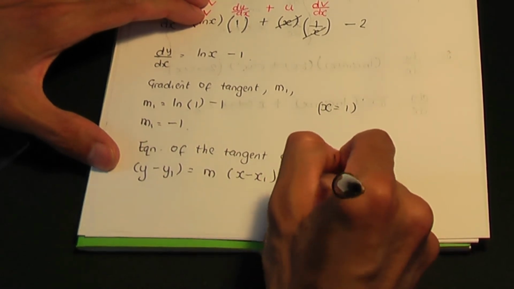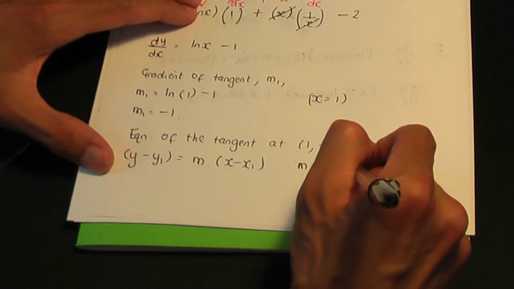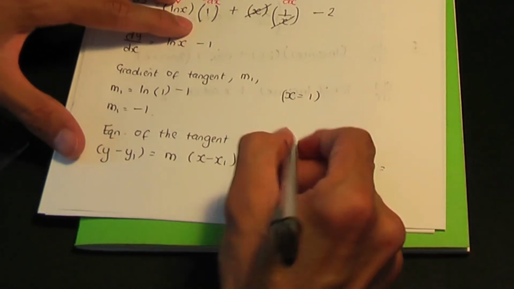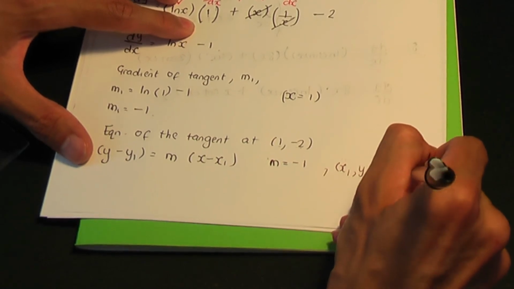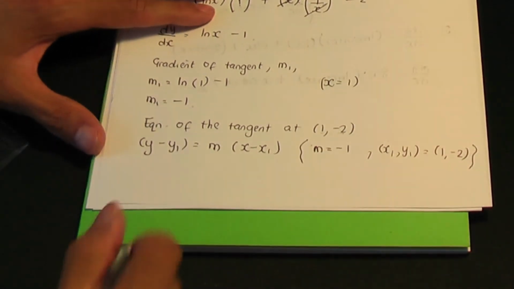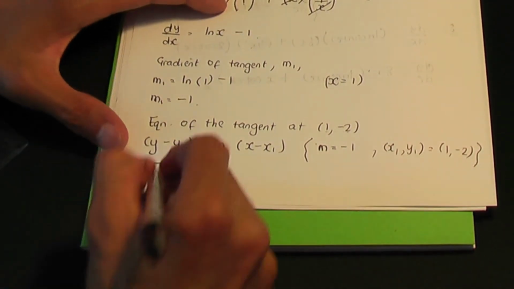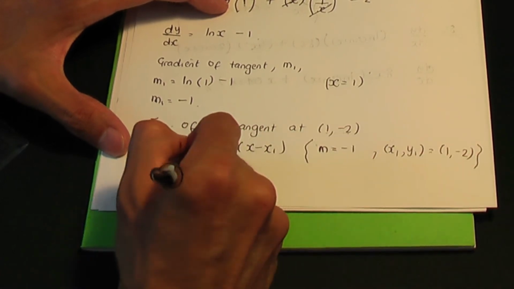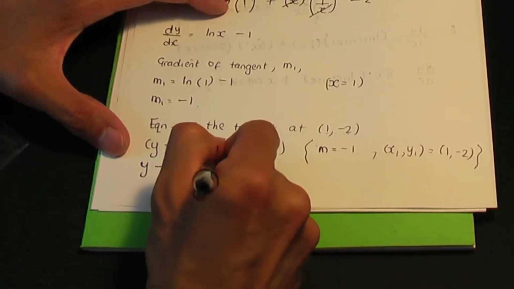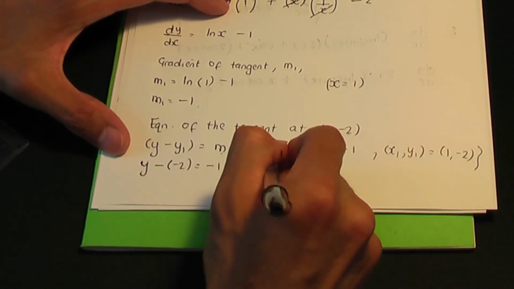So the gradient here, m, is minus 1, that is the gradient of the tangent, and x1 and y1, the point that the tangent passes through, has coordinates 1 and minus 2. So that's our data. When we substitute the data in, we have y minus y1, which is minus 2, equal to m, which is minus 1, into x minus x1, which is 1.